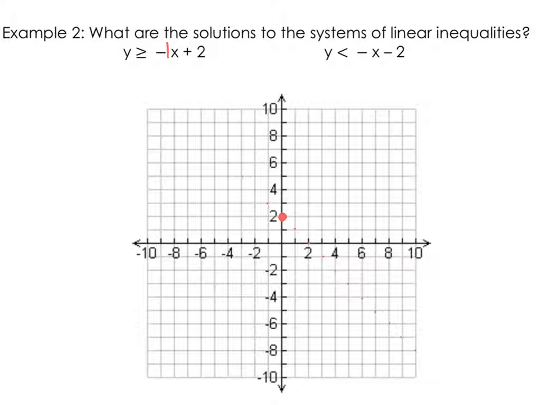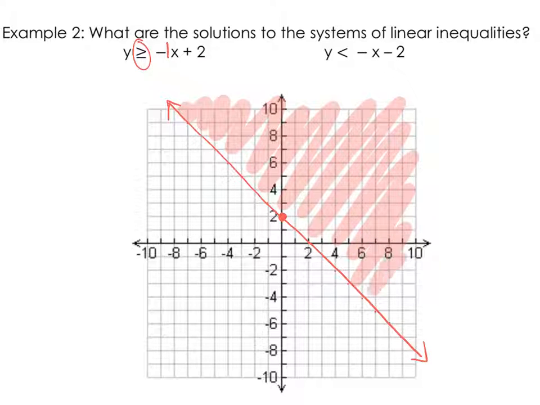And then I'm going to look at what kind of line do I need to draw. Since it is greater than or equal to, I'm going to have a solid line. Then I need to shade. It says that my graph is greater than or equal to. So I'm going to shade everywhere above my graph.